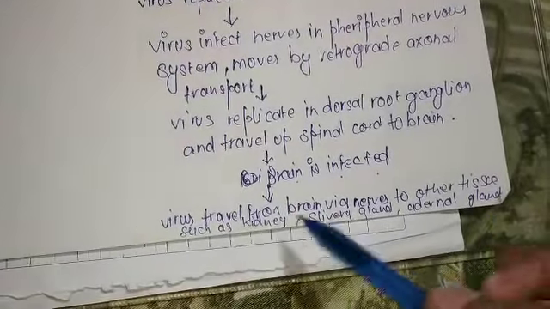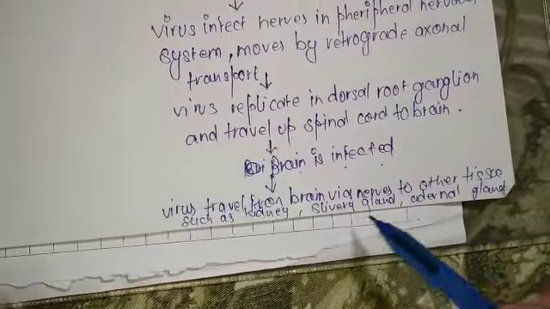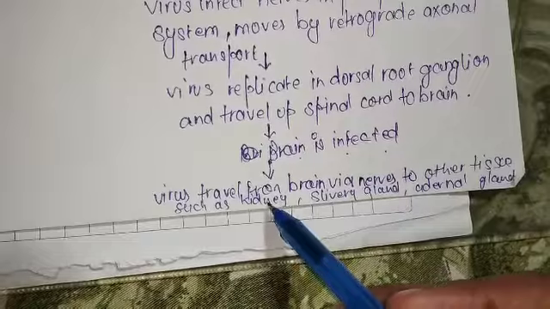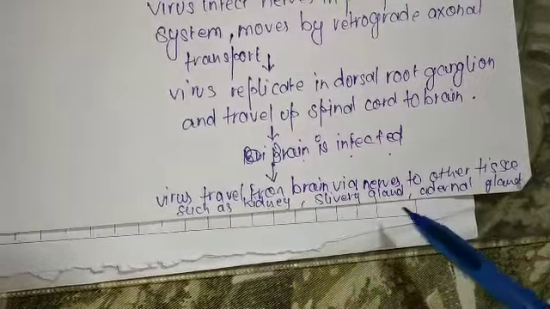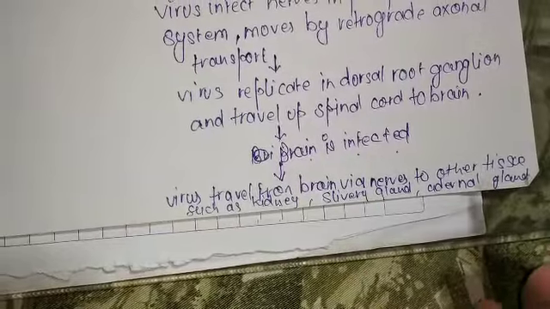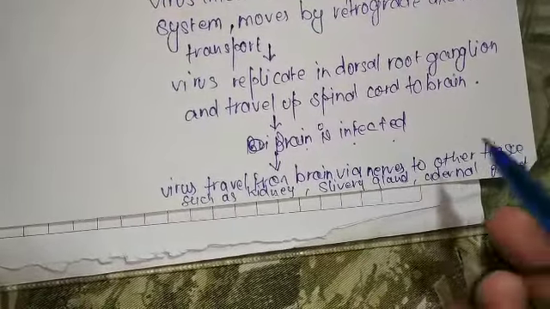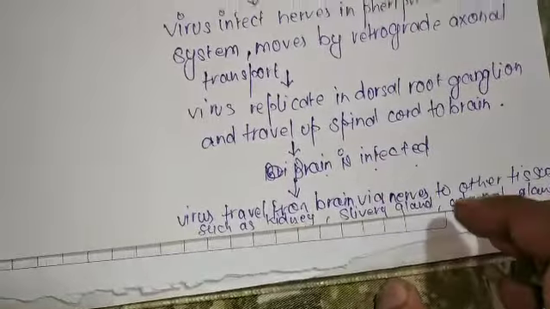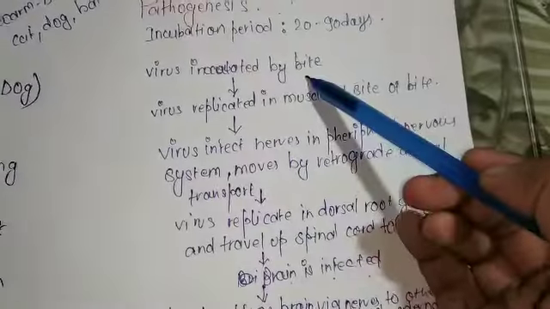Once it travels to these other tissues, it invades all these organs like the kidney, salivary gland and adrenal gland. Also cardiac muscles, and it also invades the skeletal muscles.